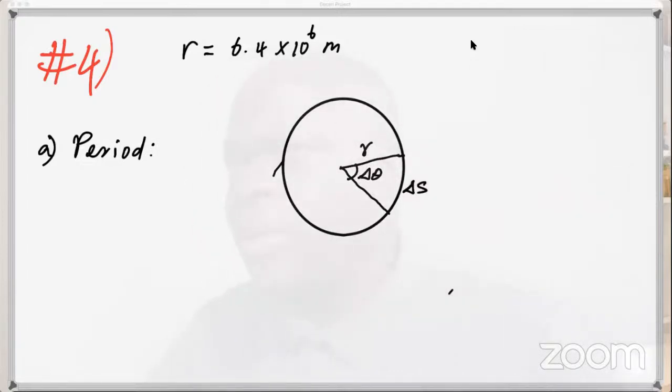What does the word period refer to? Is it a distance? Which quantity in physics does the word period refer to? Is it the time? The time. It's a time. So obviously it cannot be 2 pi r because 2 pi r is the circumference.